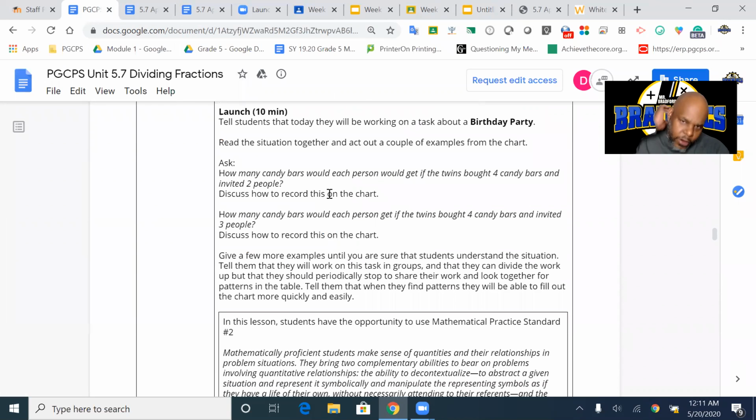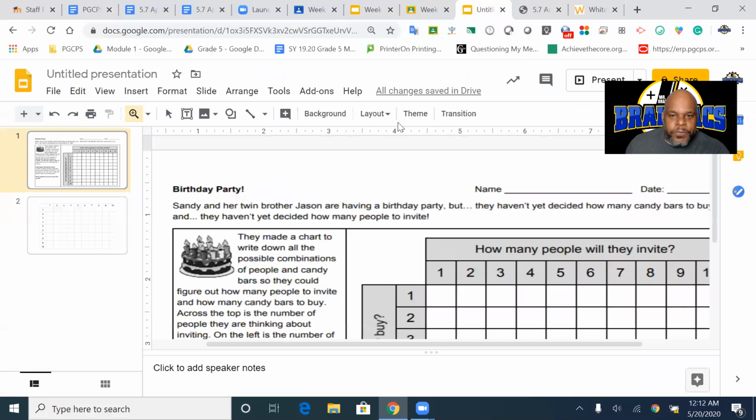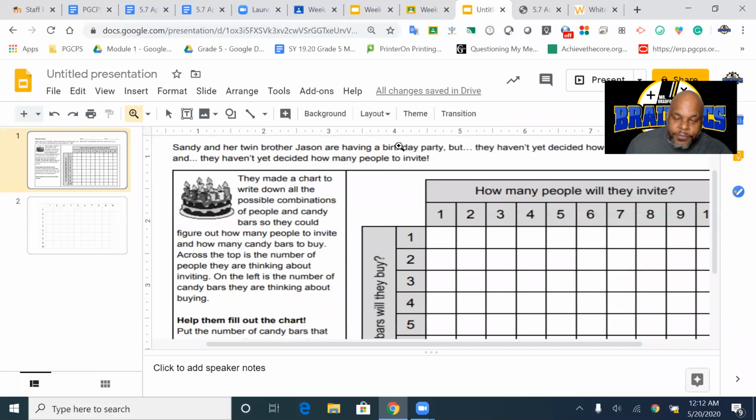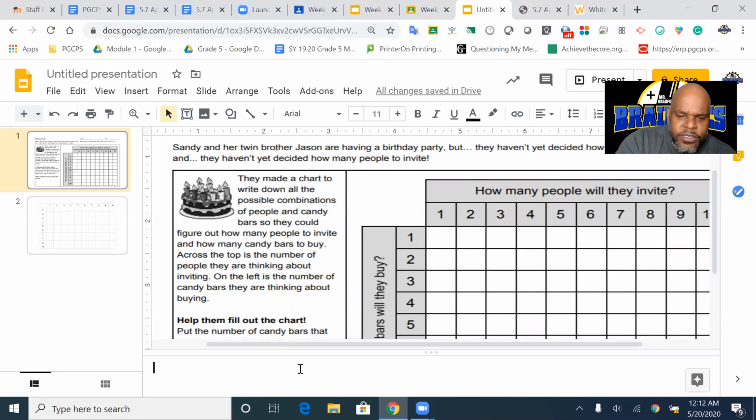How many candy bars would each person get if the twins bought 4 candy bars and invited 2 people? So they bought 4 candy bars and invited 2 people. Let's look back at our chart. So they're dividing what? What are they dividing? Remember, we need to know the dividend and we need to know the divisor.